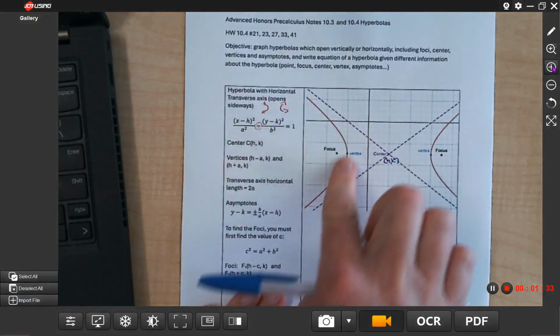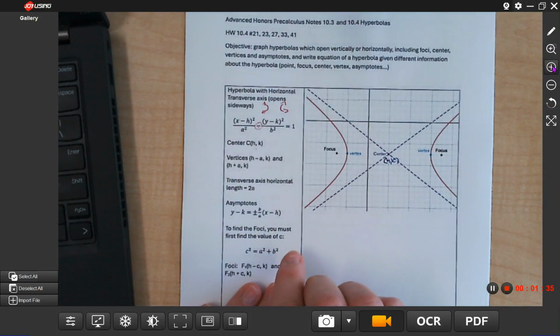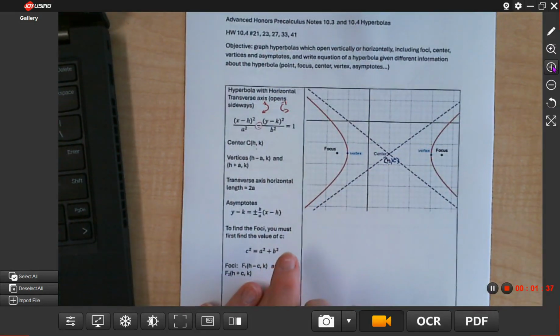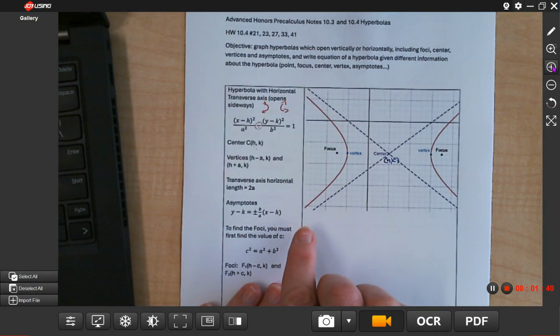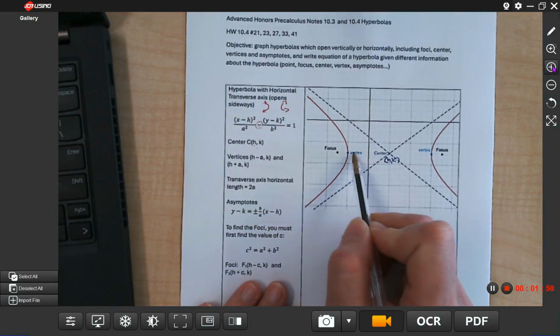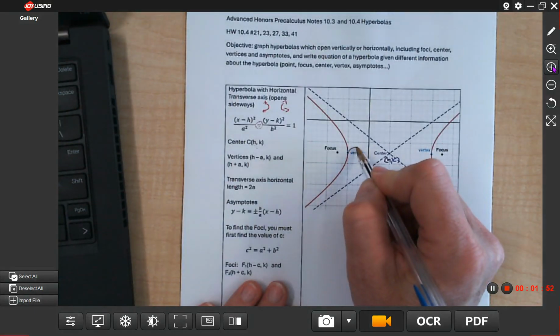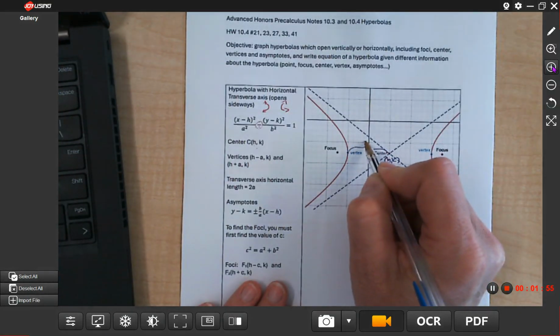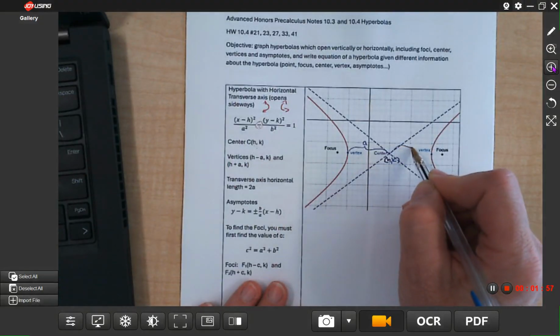So we're going to find the vertices of the curves. It's tempting to say they're two parabolas, but they're not. Hyperbolas have asymptotes and parabolas do not, so they're not the same shape. So the vertices move a distance of a away from the center. So we're opening sideways, so we have to move horizontally. So the distance between the center and the vertex is a in both directions.